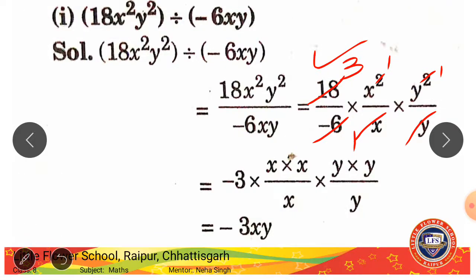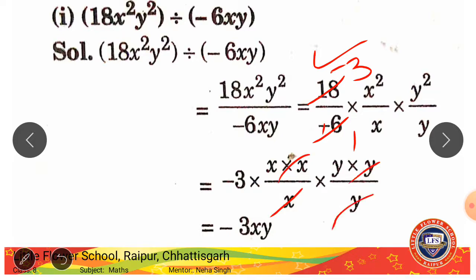Or you can cancel here only, or you can do as given in the book in this solution. How? See, you have cancelled it here and this minus sign will go here. Minus 3, and x square you can separate as x into x upon x, and y square as y into y upon y.